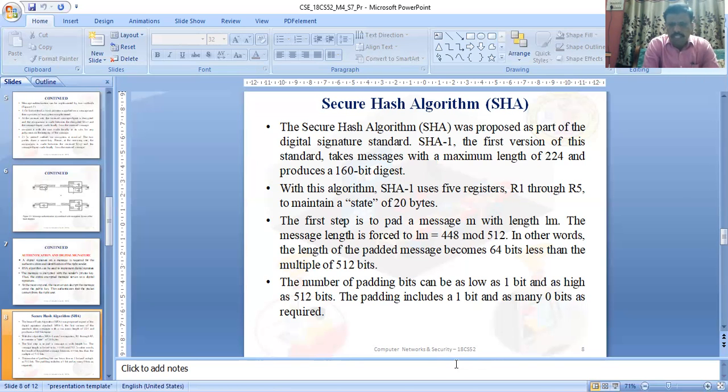The number of padding bits can be as low as 1 bit and as high as 512 bits.